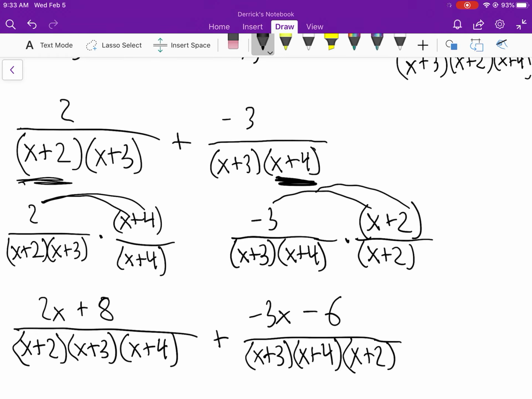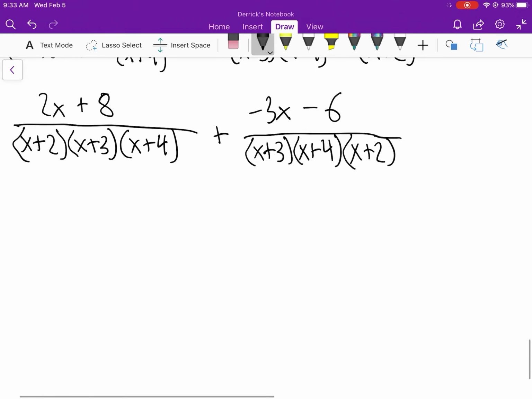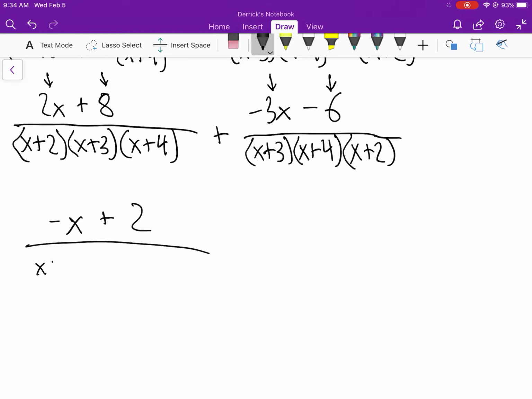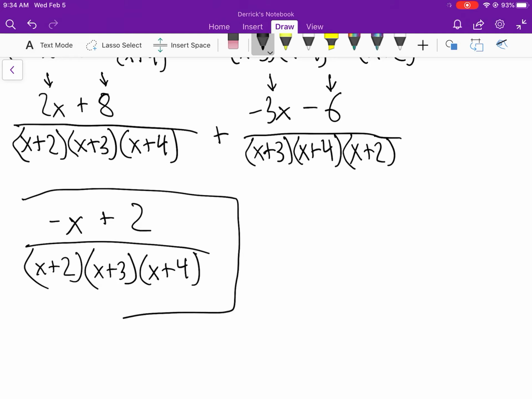Since they're common, that allows me to go ahead and combine these for a final answer. 2x minus 3x would be a negative x. 8 minus 6, 8 plus negative 6, would be 2. And then pick what order you want to write your factors in for your denominator. Doesn't matter though, as long as you have these four quantities, this would be your final answer.